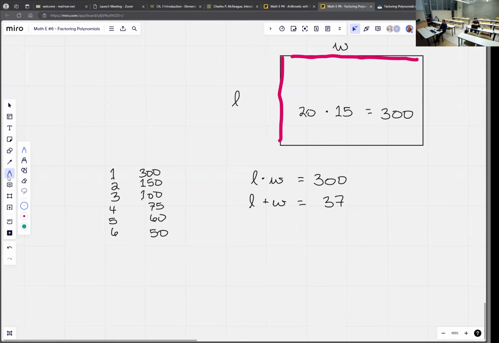No, 8. Oh, I was trying to find factors of 37. No, we want the factors of 300. We're multiplying to get 300. And then we're checking what they add up to.